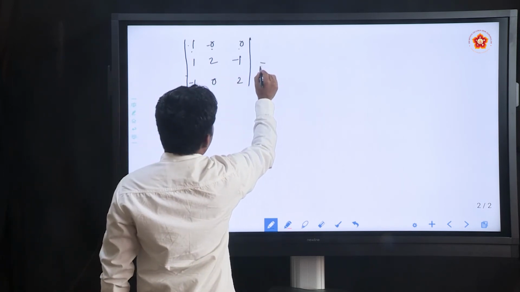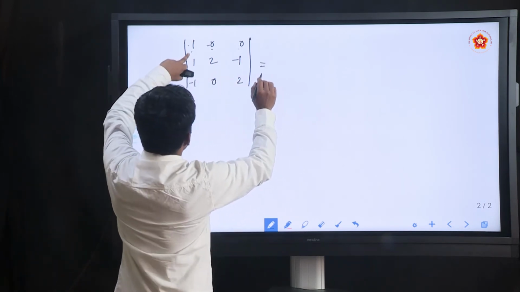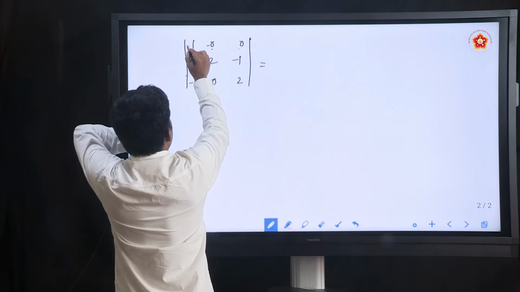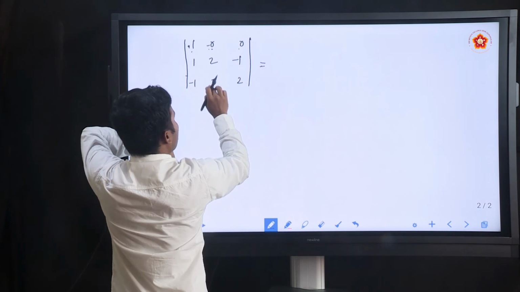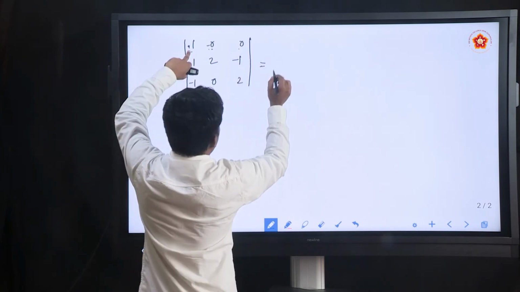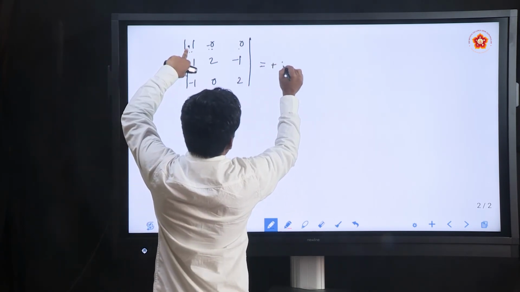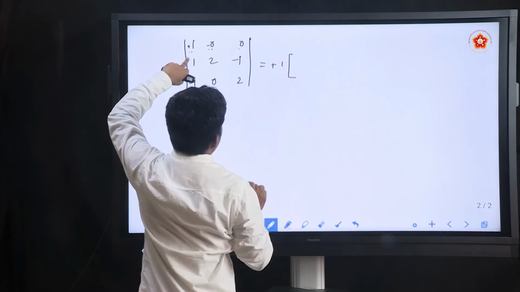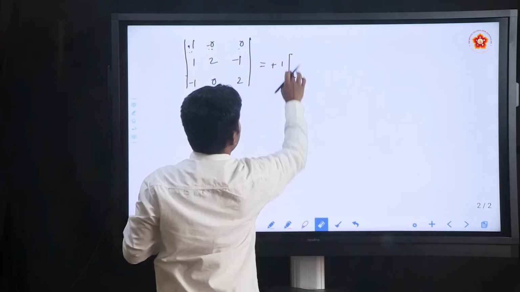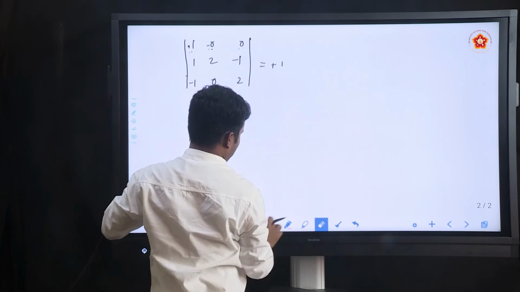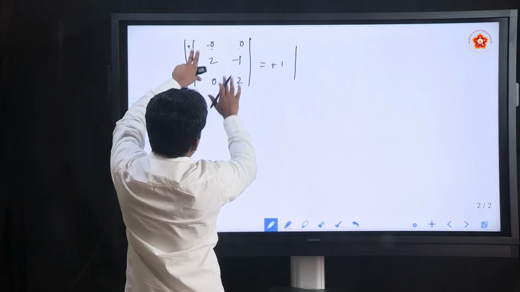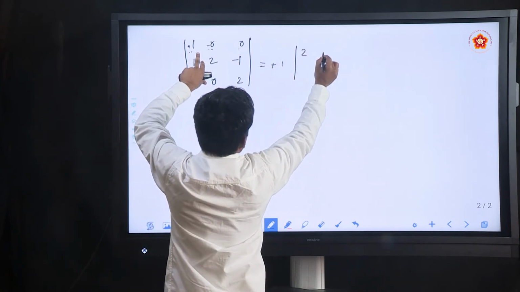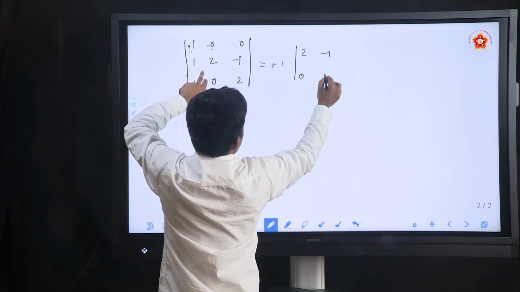See how we are going to expand this determinant. As you know, you remember this: plus minus plus, minus plus minus, plus minus plus. Let us start with plus into 1. So the determinant of what is left after you forget about the first row and first column: 2 minus 1 and 0 2.